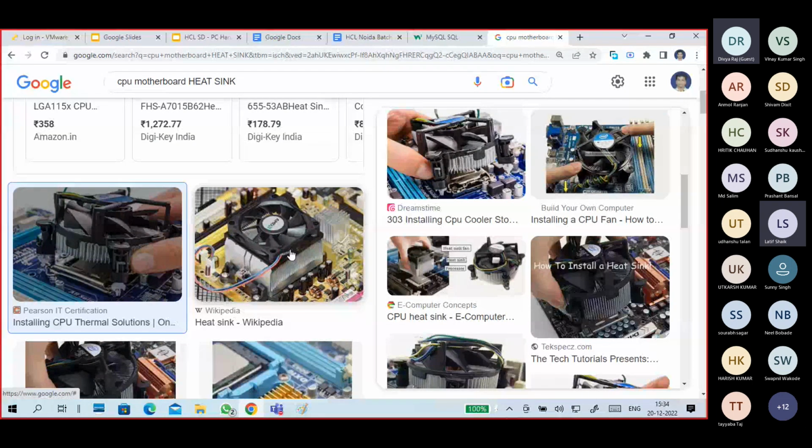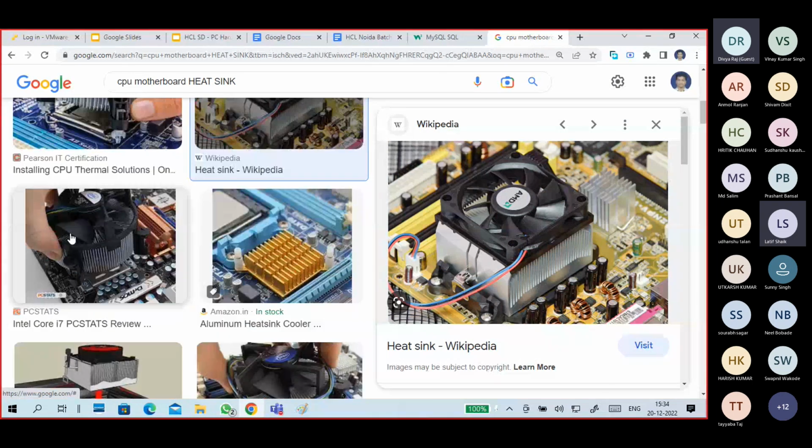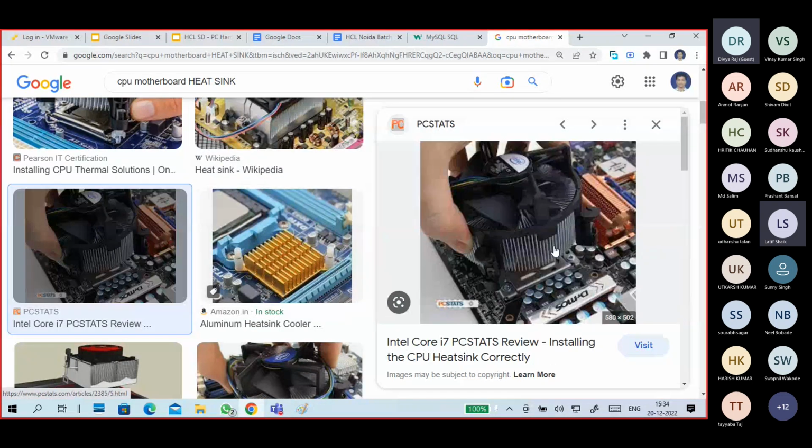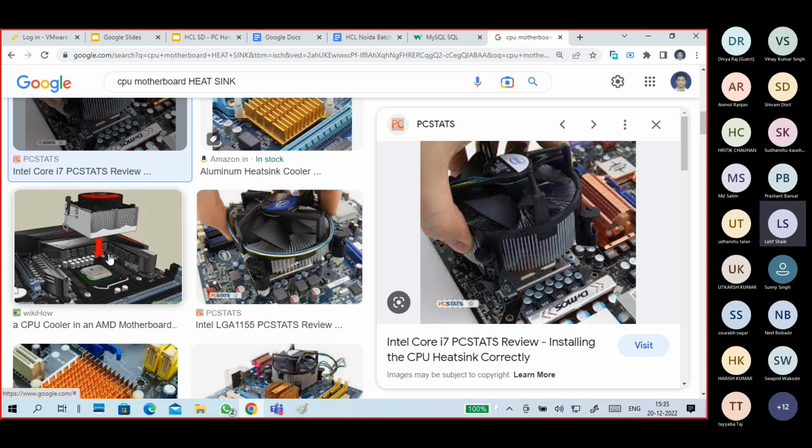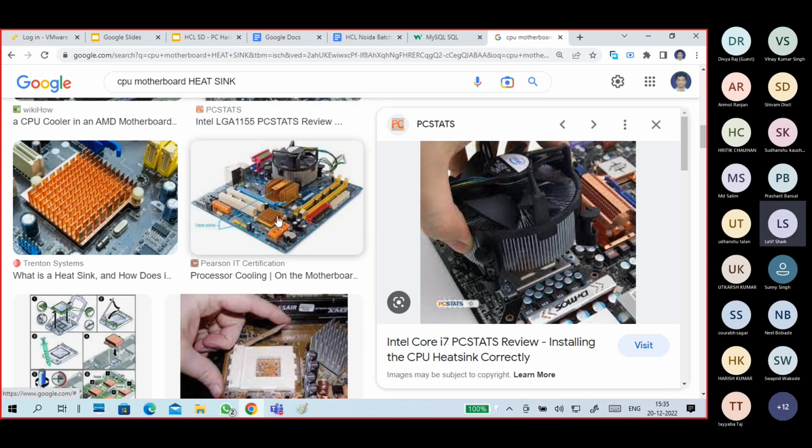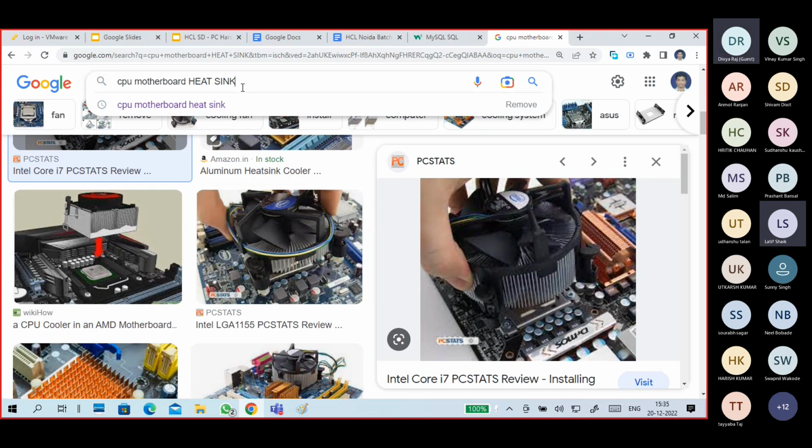The heat sink absorbs the heat, and the fan gives airflow, so the heat sink gets cooled. It will maintain the temperature of the processor.